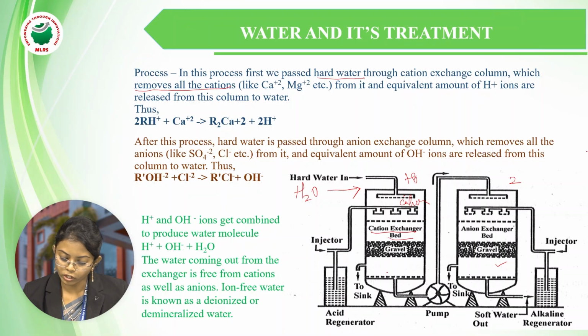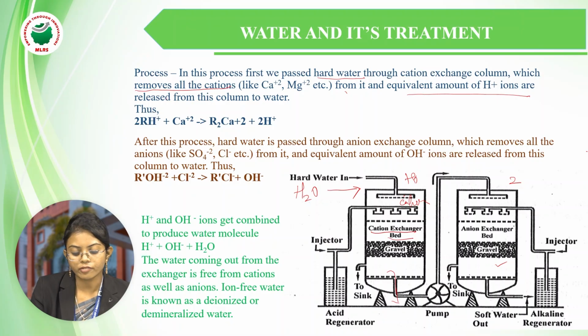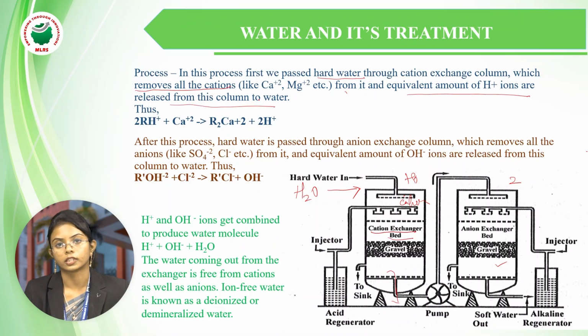That means whatever water we get below is having anions only. Now this water will enter through the anion exchanger. As it removes all the cations from it, an equivalent amount of H plus ions are released from this column to water.